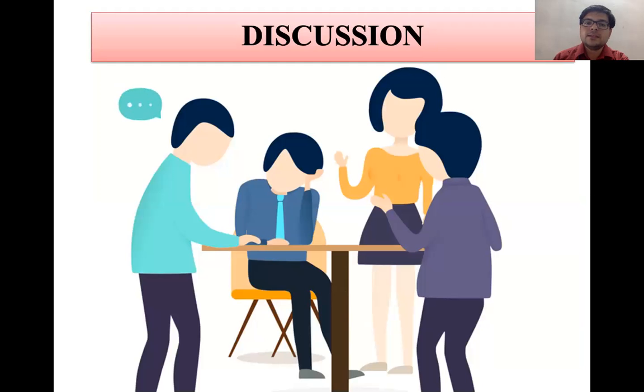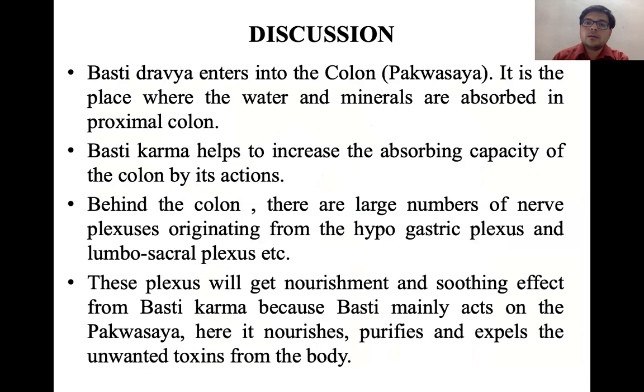Now, if we see the discussion, when Basti Dravya enters the colon, in Ayurveda it can also be called Pakvashaya. It is the place where water and minerals are absorbed. It helps to increase the capacity of absorption.